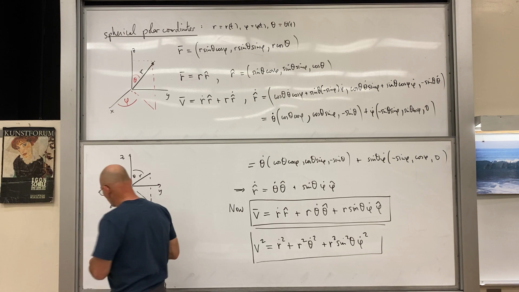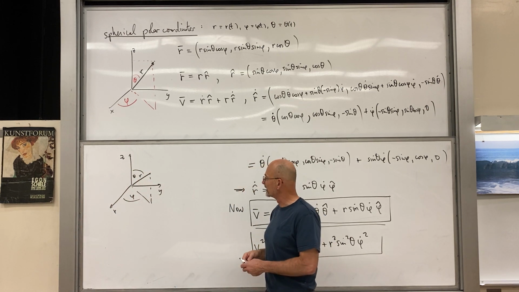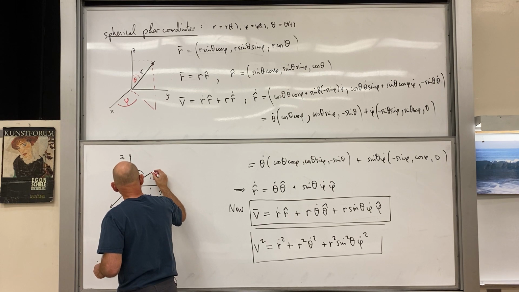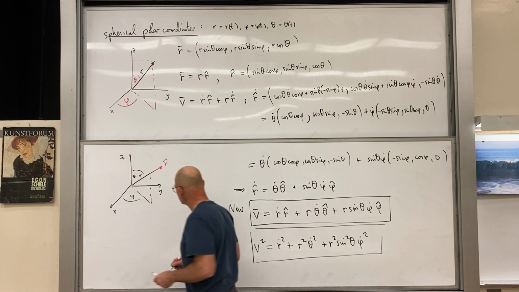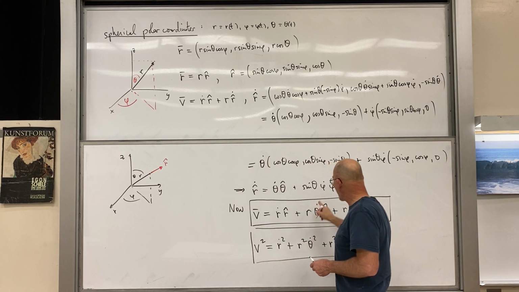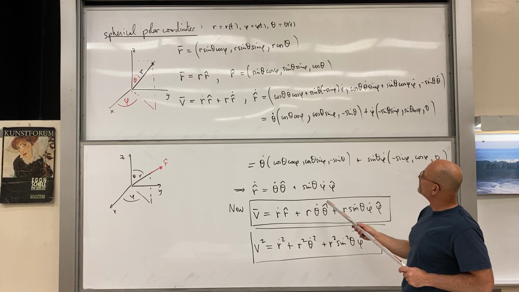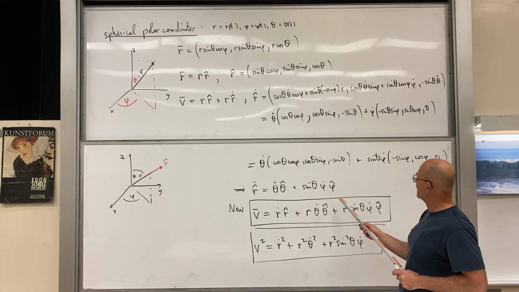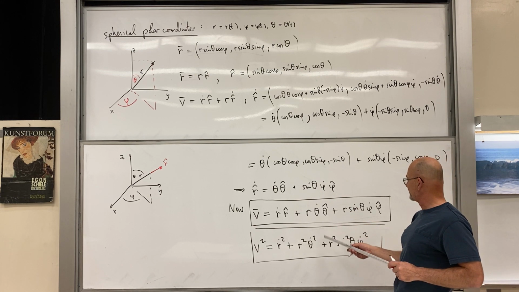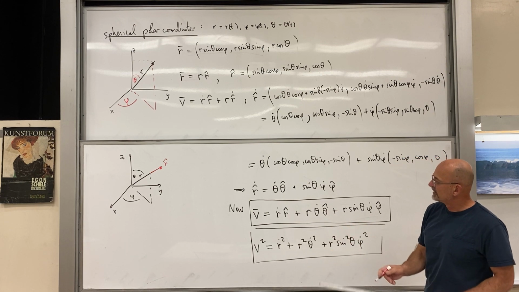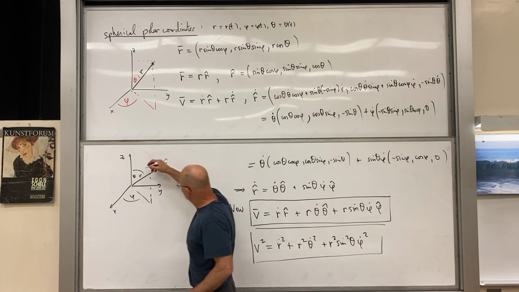So the question is, where are these unit vectors? What do they look like? Now the r hat is clearly pointing out that way. The theta hat, you can imagine getting that because of the effect of it right here, r theta dot, you can see that the theta hat is sweeping out.